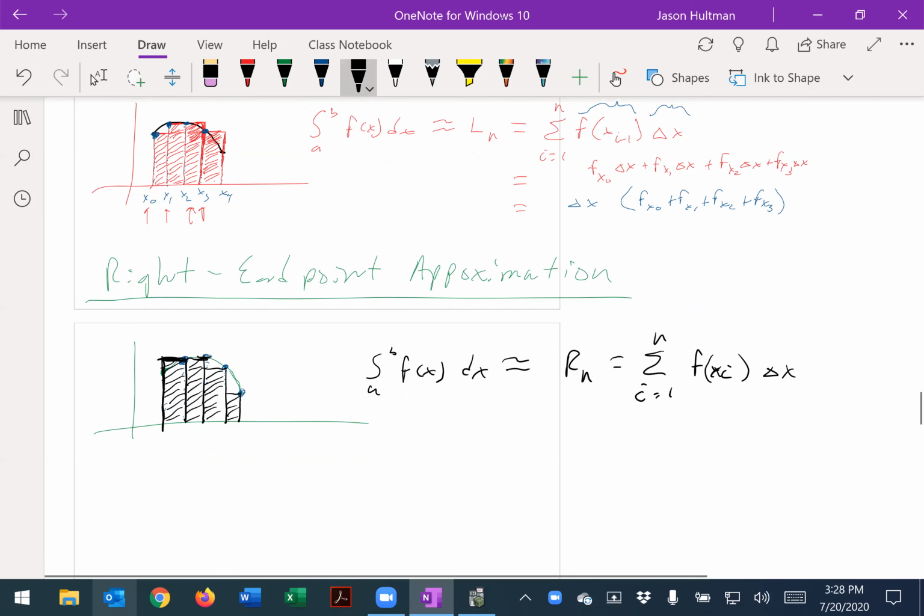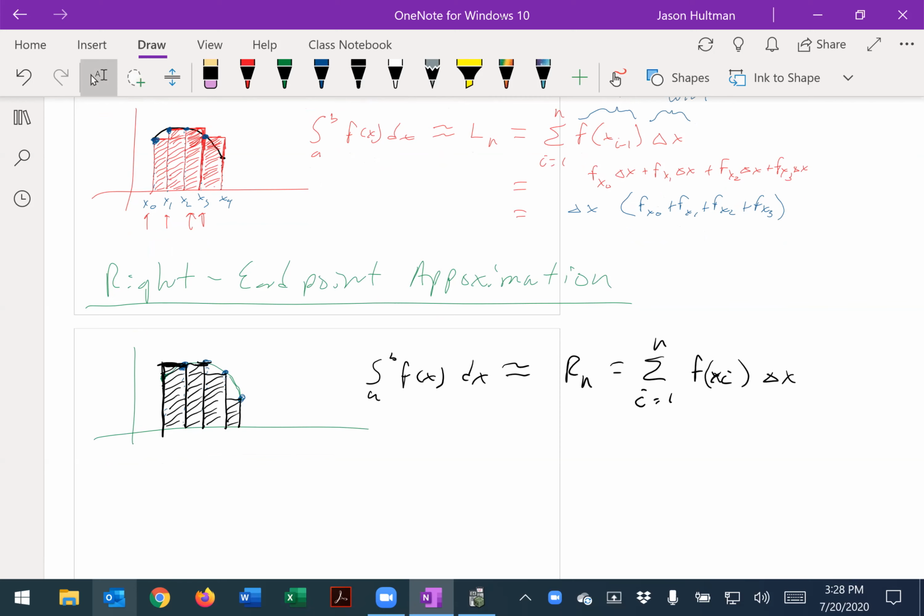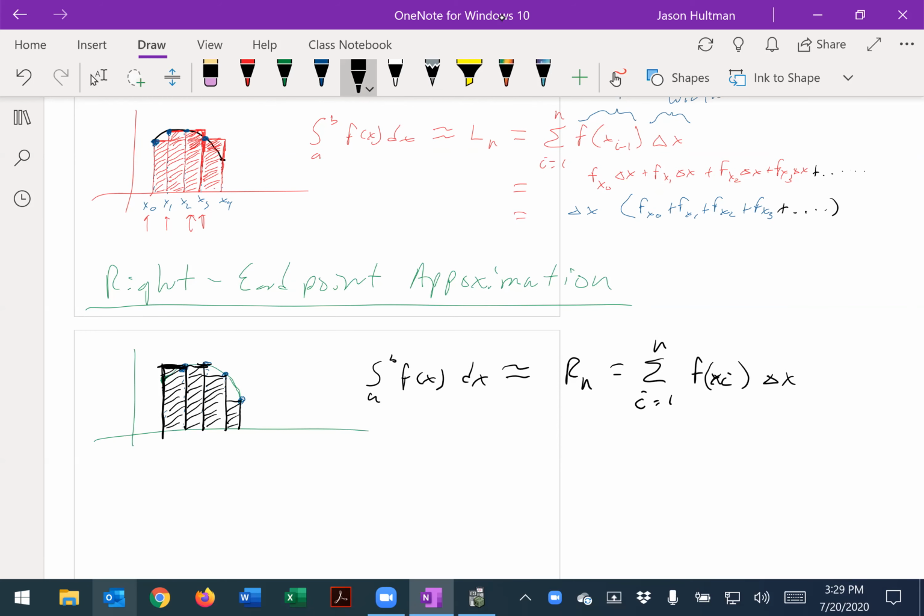And I could do dot dot dots here if I wanted to. Again, we're going to start with f of x sub 1 this time.